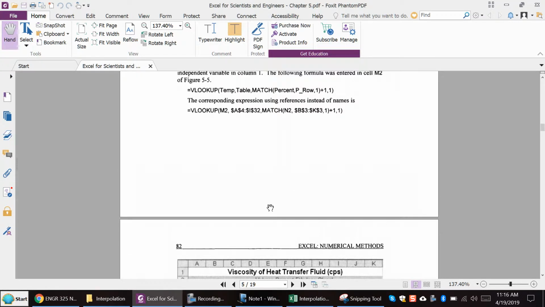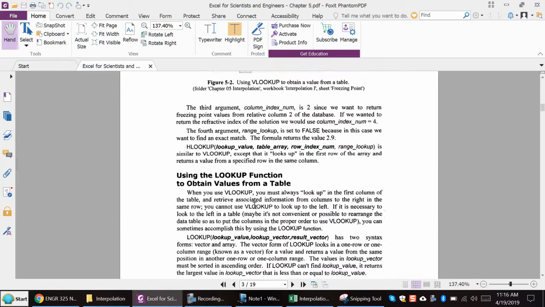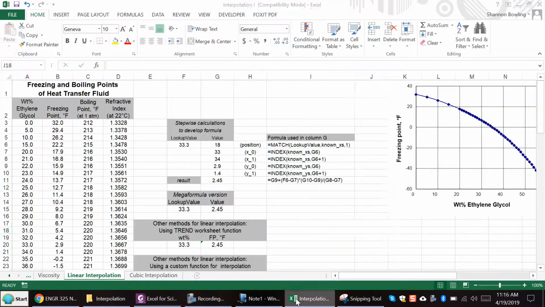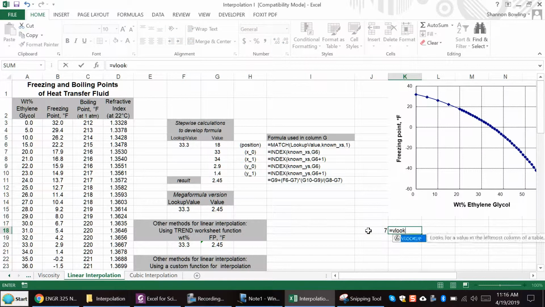So what he's done is he's actually showed how to do this in Excel and created some functions. And we could create our own function, but why reinvent the wheel? So the first thing we could do is let's just pick a value of 7. I can do a lookup, so I can do like a VLOOKUP.